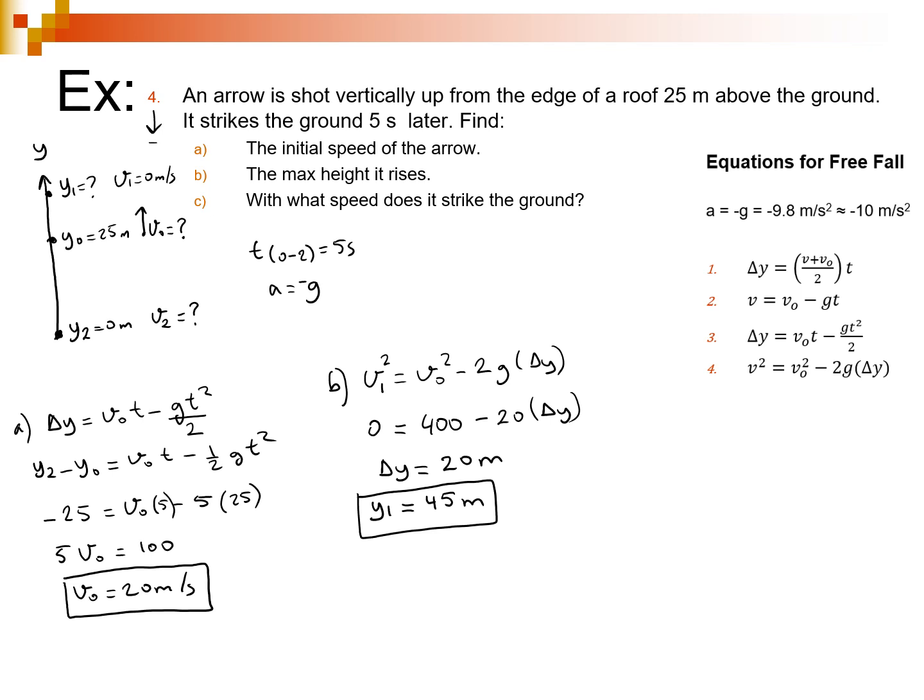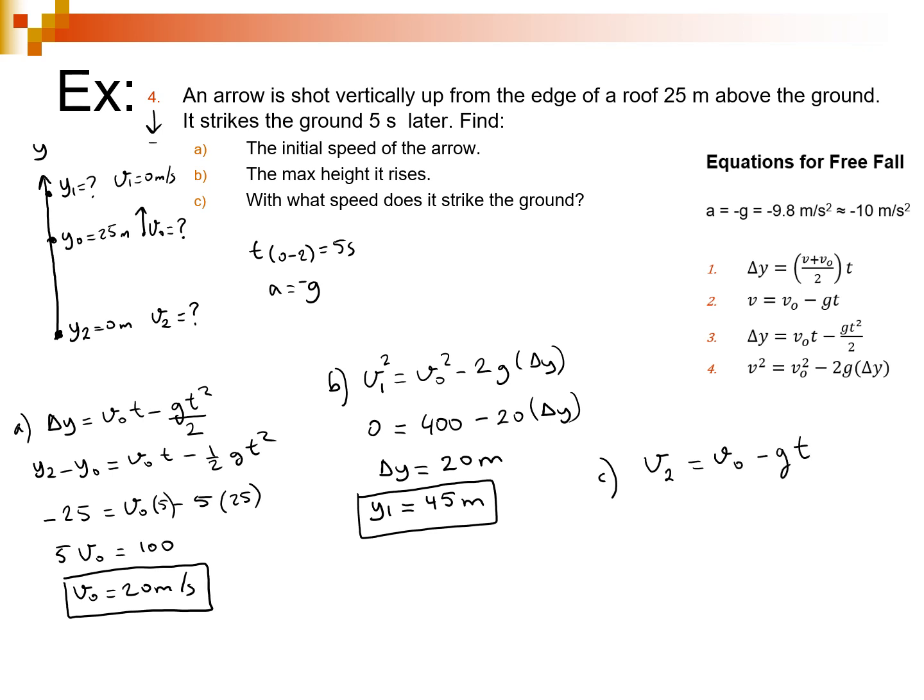And now finally, with what speed does it strike the ground? Okay, now I want to use the interval between position 0 and position 2 here because I know the time for it, and I want to use equation number 2. This is what seems easier to me at this stage. So I will go with v2, which is the final speed, equal to v original minus gt.